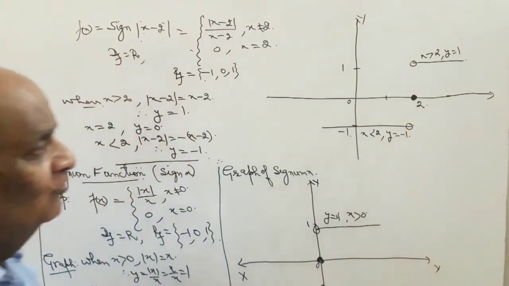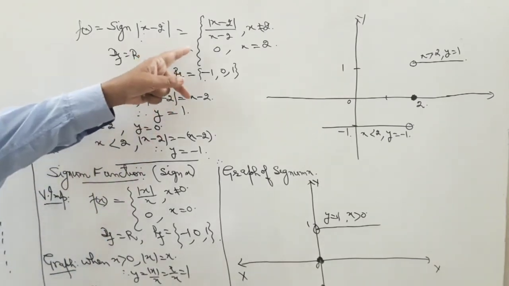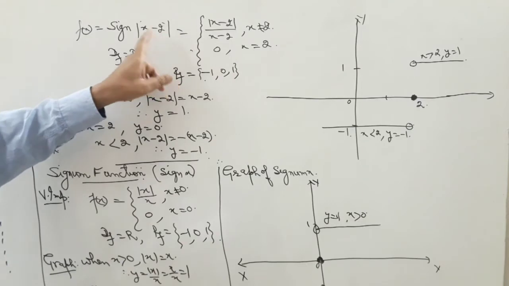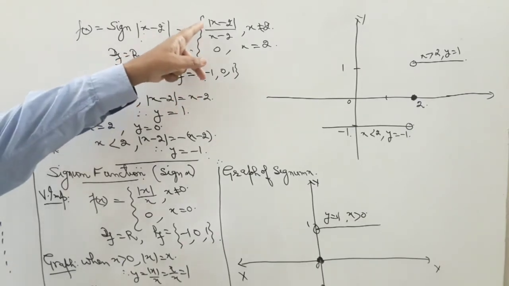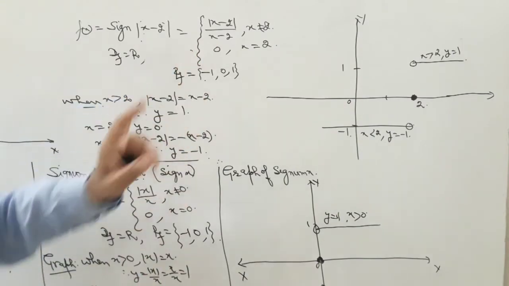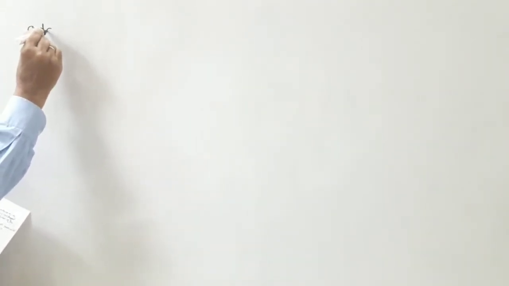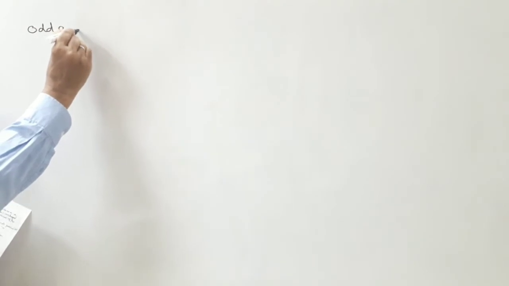So you can show the graph of this function, the signum of x minus 2 upon the modulus of x minus 2. That is, the modulus of x minus 2 upon this, x is not equal to 2, 0 when x is equal to 2.